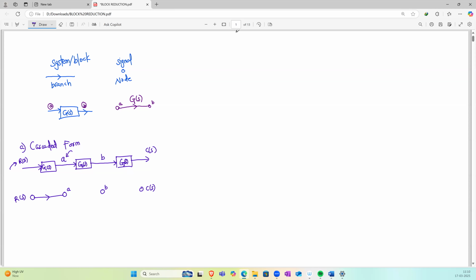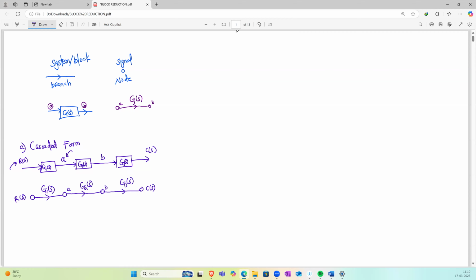So the name of this branch that I've just drawn here is the transfer function, which is G1 of S. Likewise, I can draw the same thing for the G2 of S block, which is like this. Now I can do the same thing for the G3 of S, with the direction.